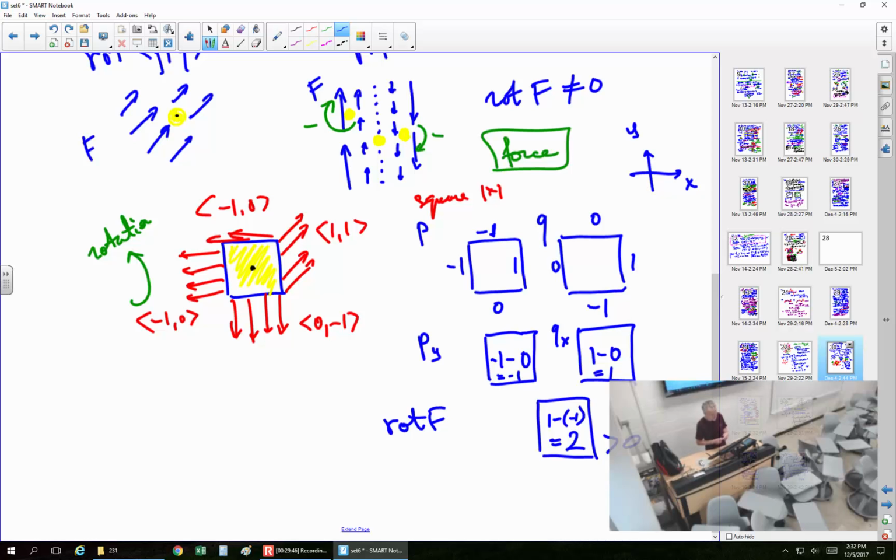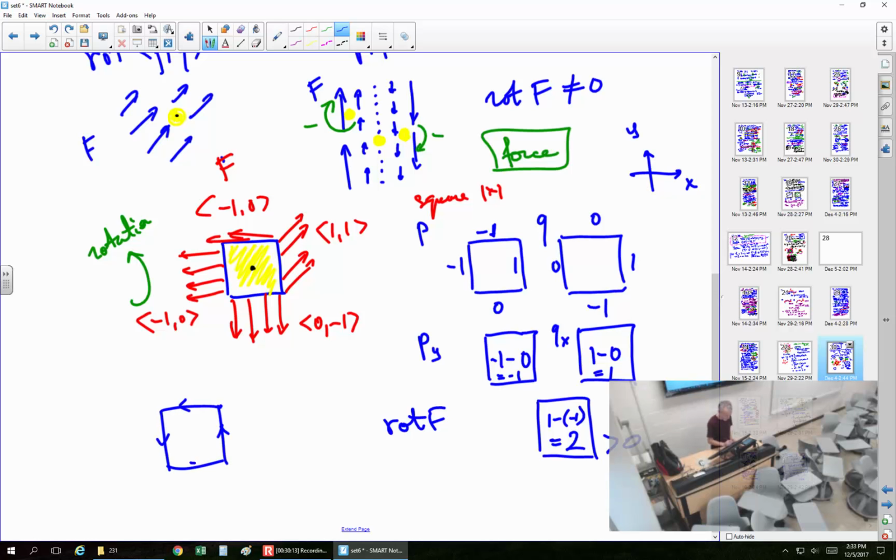We'll come back to this example, but let's make one more observation, a long-reaching observation: what about line integrals? I have my vector field right here, in red, that's my vector field F. I can also see here a path.